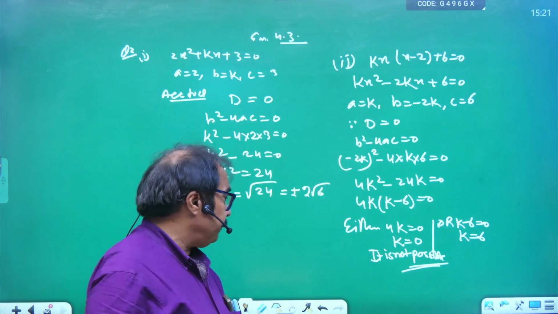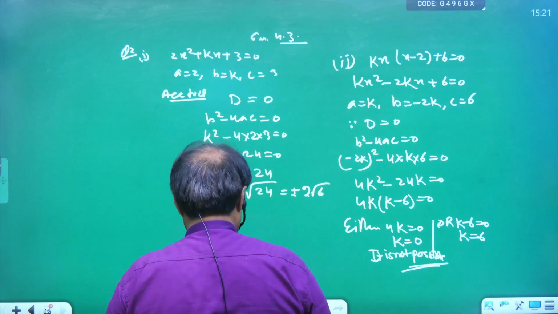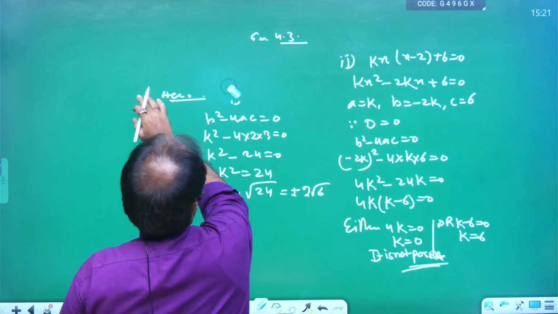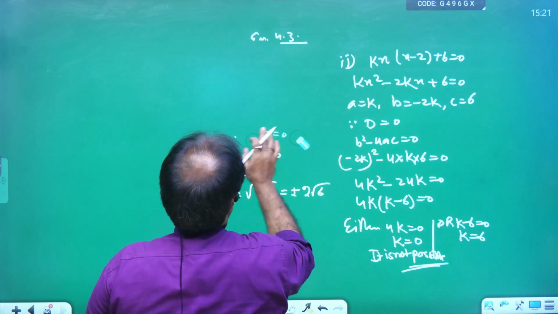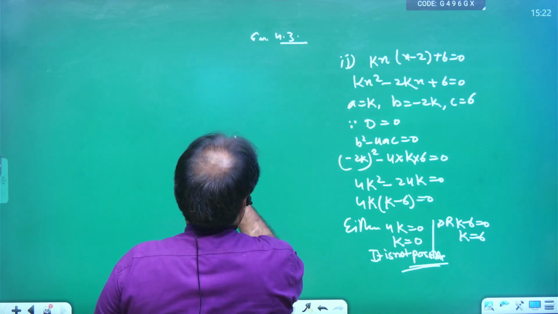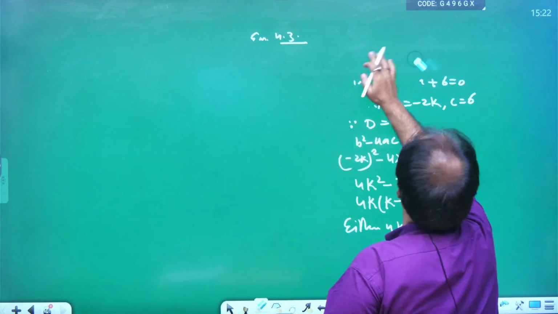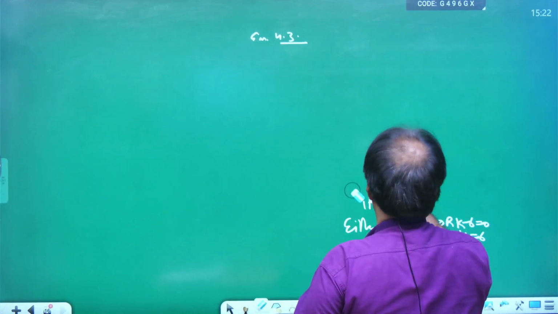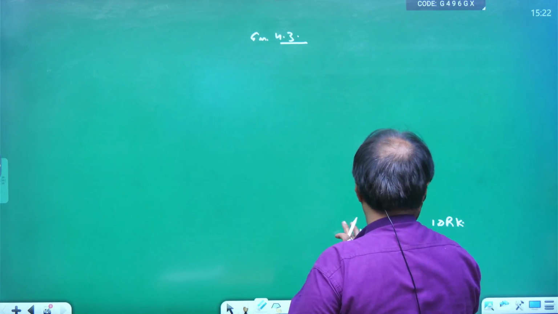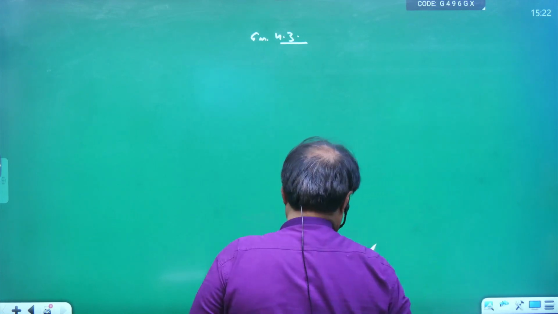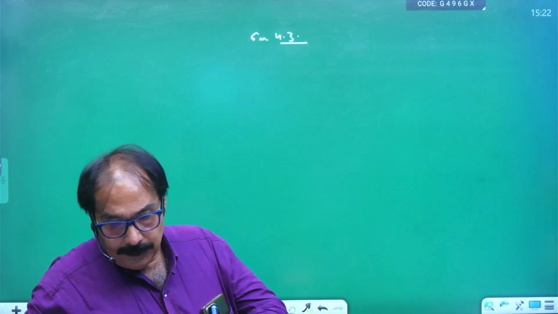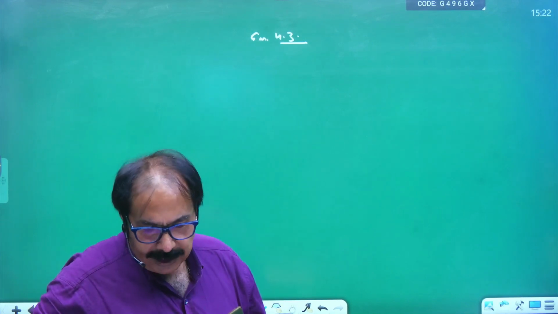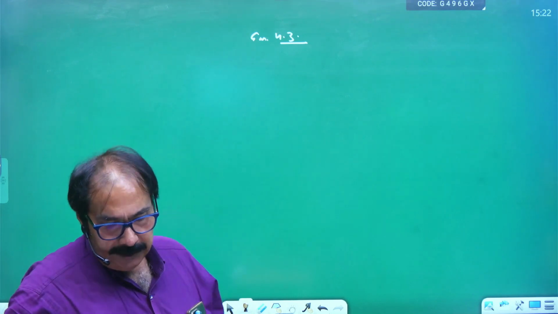Now the next question I am taking is question number 3. Question 3 says: is it possible to design a rectangular mango grove whose length is twice the breadth and area is 800 meter square?